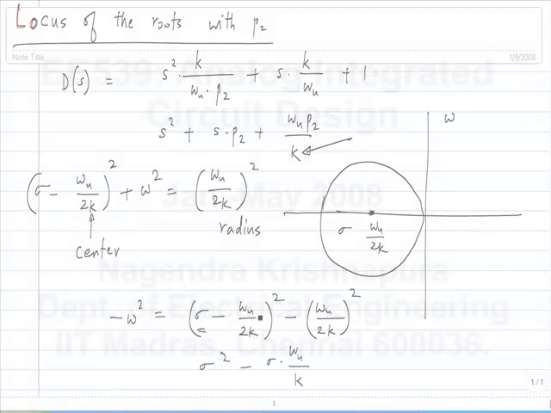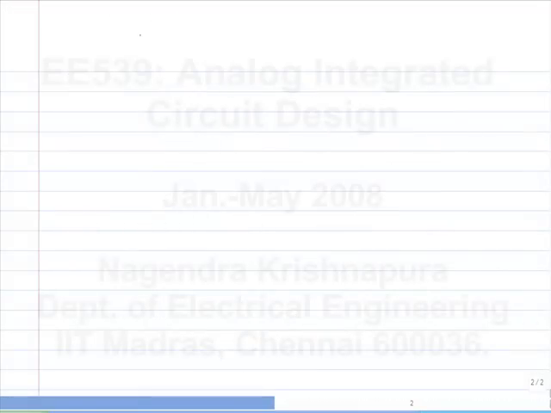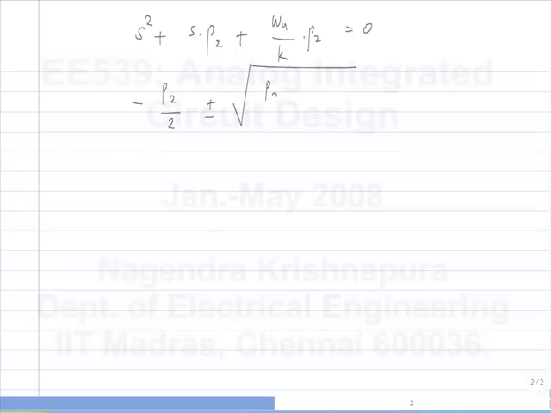Oh yeah. Let me rewrite the equation for the roots. Okay. So this part is minus omega square. That we all agree on, right?